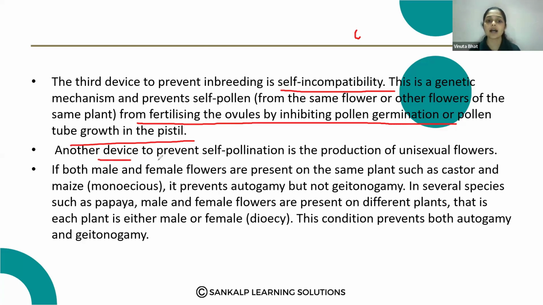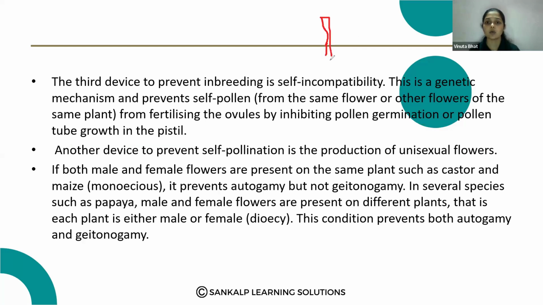Then another device to prevent self pollination is the production of unisexual flowers. What's the meaning of unisexual flowers? Unisexual flowers contain either the male reproductive structure or the female reproductive structure. Just imagine a flower that contains only the stigma, style and ovary, and the remaining whorls are absent. Then the pollen grain has to be transferred from another flower.